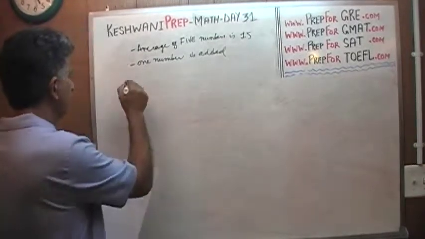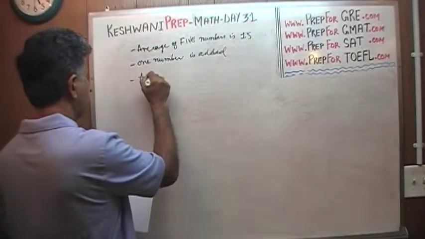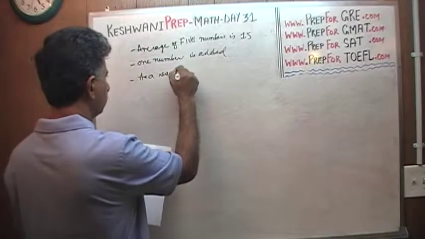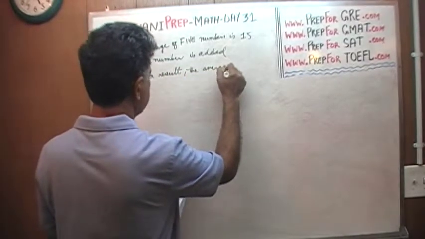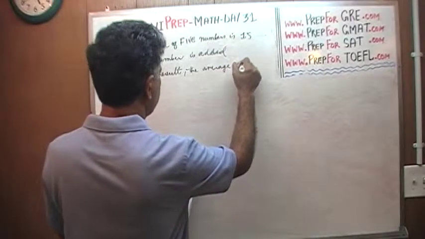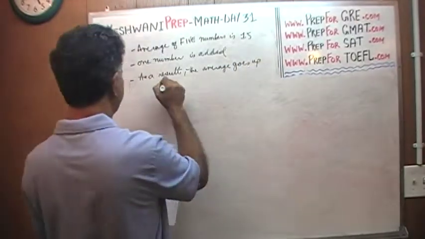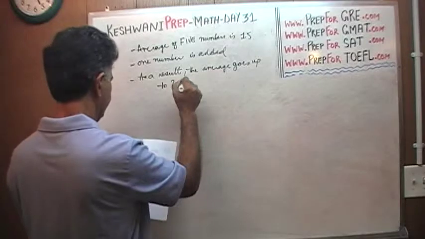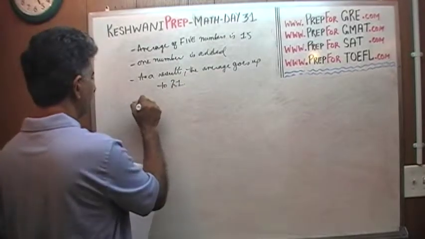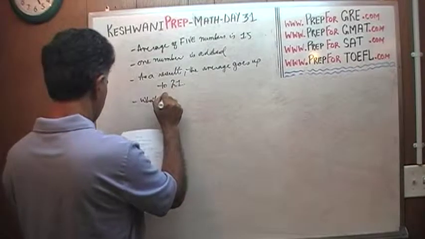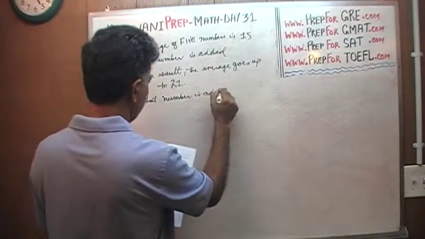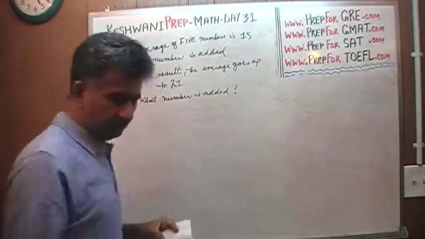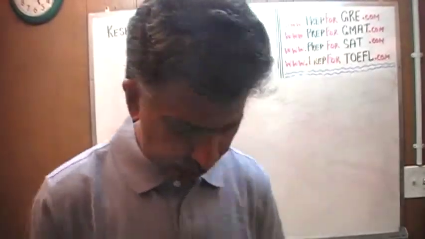One number is added, and as a result, the average goes up to 21. The question simply is, what number is added? Let me change this marker, this is dying.